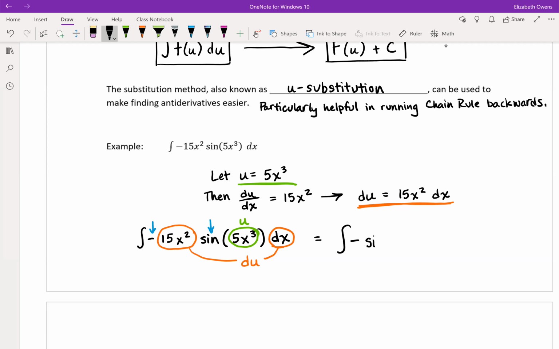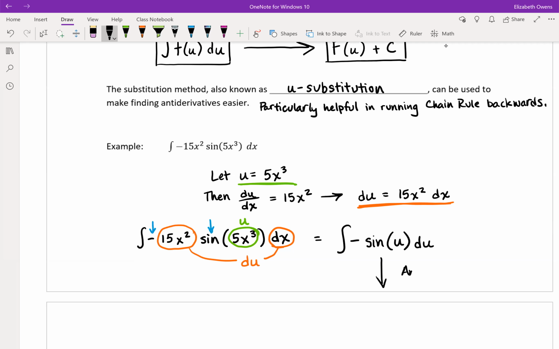We're still going to have our sine function, but instead of 5x cubed, that's just a u. And 15x squared and dx both fold into this du term here. And this is our new integral. We're going to integrate negative sine u du. Much better, right? This looks a lot easier to find the antiderivative, and that's exactly what we're going to do.